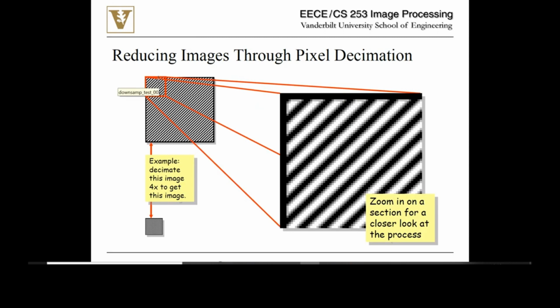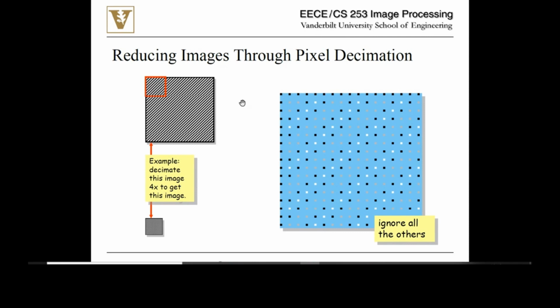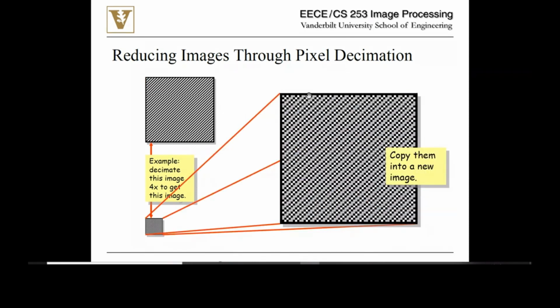If this is the input, then I will take a sample 1 every 4 pixels, and I'm leaving out the 3 pixels that are in between. Those are the samples I have to keep, and then I will put them into my output.